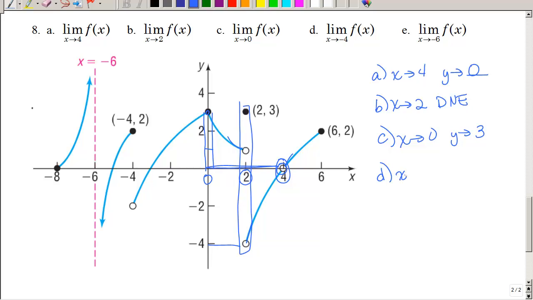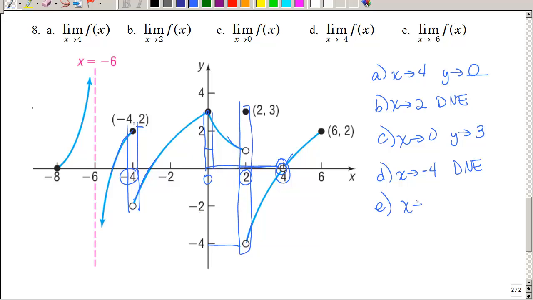Part D, x is approaching -4. That's out here. Again, a big mismatch. It's approaching the value of 2 on the left. It's approaching the value of -2 on the right of -4. Those are a mismatch. So again, we have does not exist.